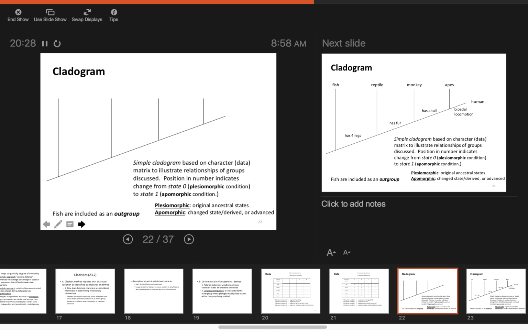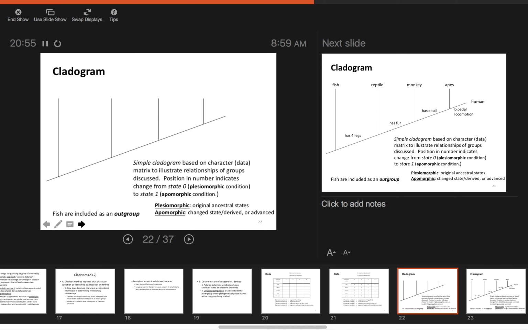Okay, so then I had a trait that evolved that all the other organisms share. What trait was that? The 4 legs. Yep. Was it the 4 limbs? Okay. So this trait evolved, and now I have reptile. Okay, what was this trait?